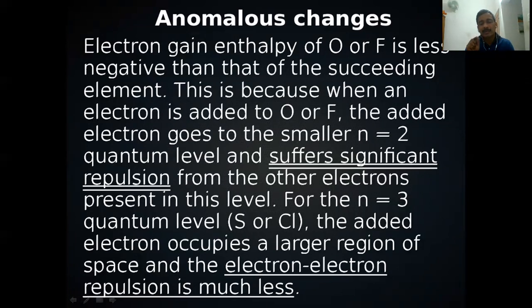when an electron is added to oxygen or fluorine, the added quantum level is n is equal to 2. That is a smaller level and suffers significant repulsion. There is large repulsion between the electrons.